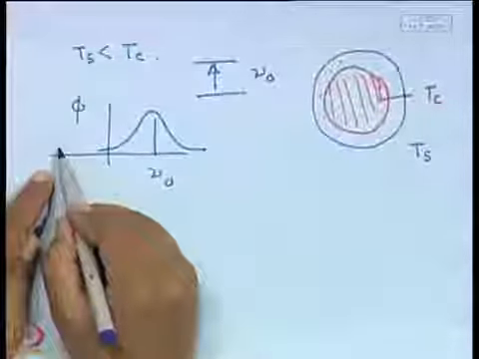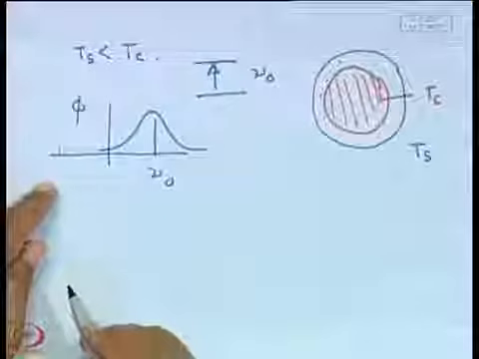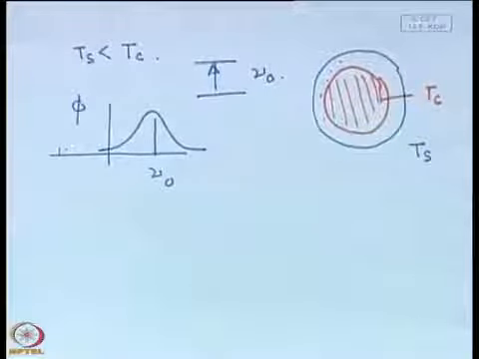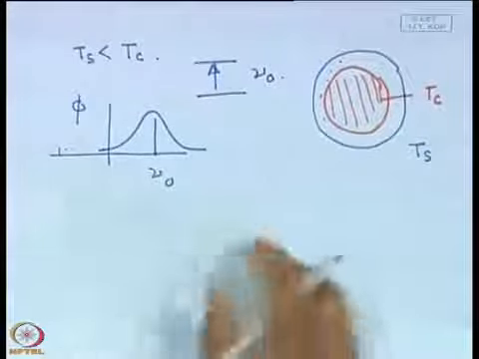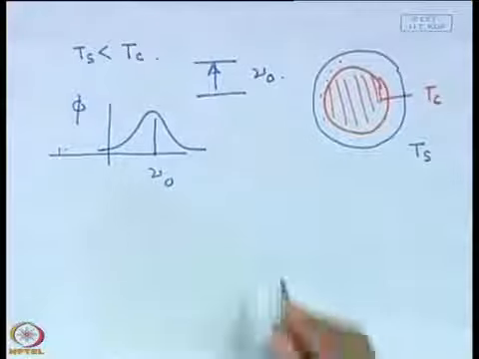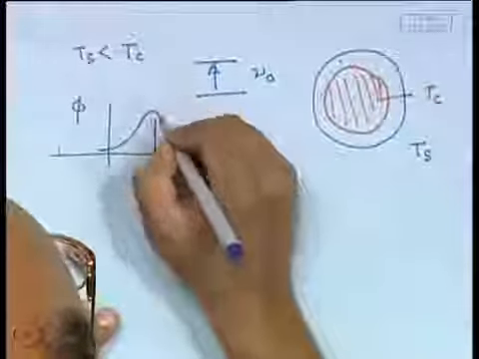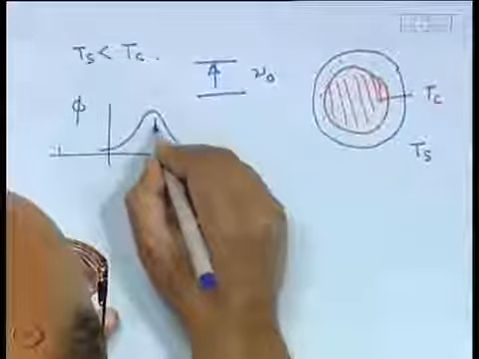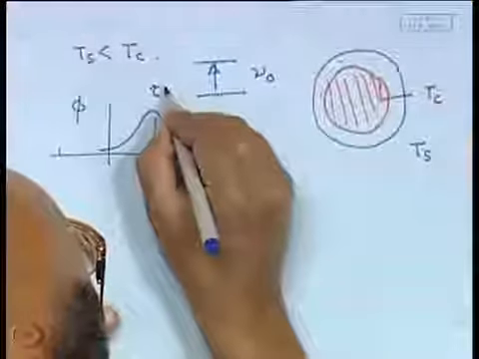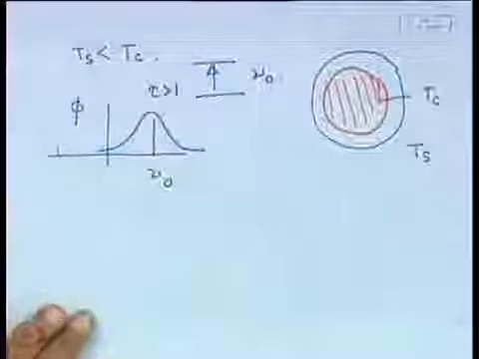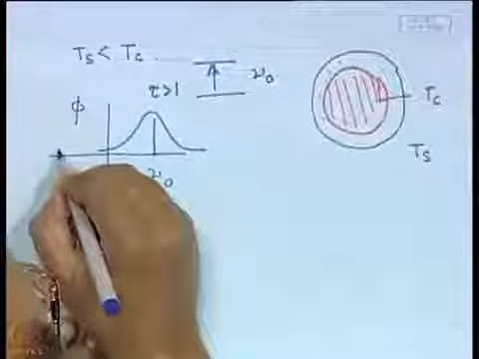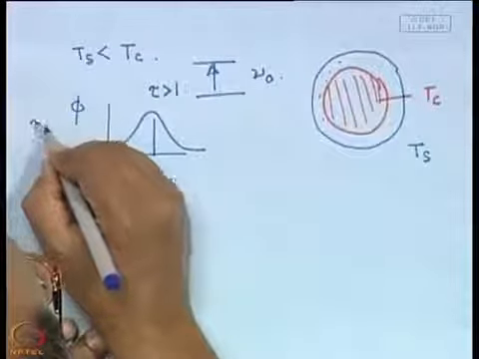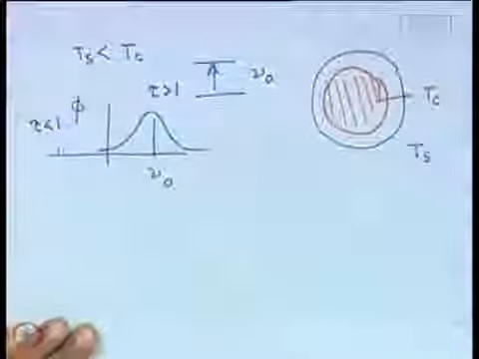But if you are away from nu naught over here, the absorption coefficient is extremely small, and the optical depth is proportional to the absorption coefficient. So, if you are at a frequency over here, the optical depth is more than 1. If you are at a frequency over here, the optical depth is much less than 1.